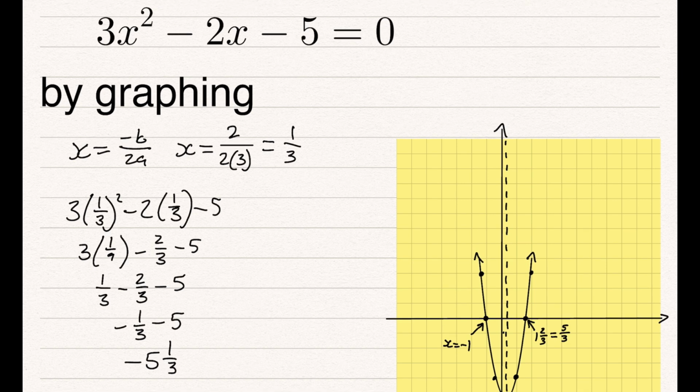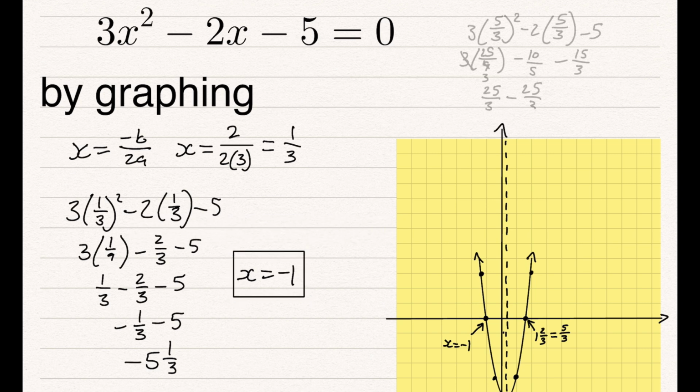So at negative 1, negative 1 squared is 1. We'd have 3 times 1 plus 2 is 5. 5 minus 5 is 0. So x equals negative 1 does work out. That one we correctly got off our graph. So now let's try 5/3. So x equals 5/3, or 1 and 2/3.